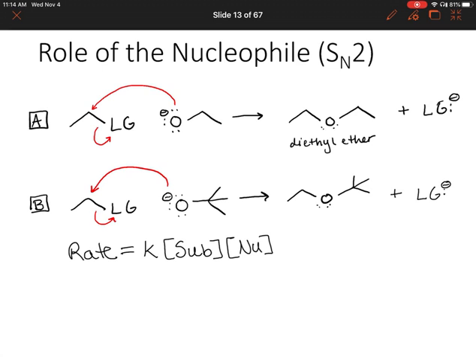So which reaction do you think would go faster? The first one, A, or the second one, B? So the first reaction would go faster, but why? Why would the first reaction be faster than the second reaction?